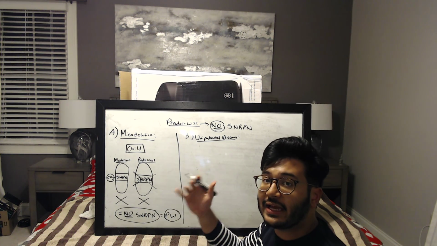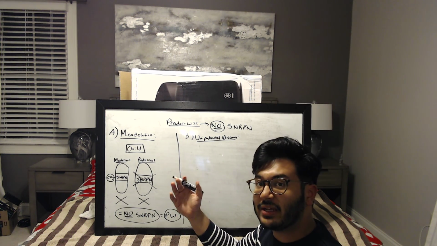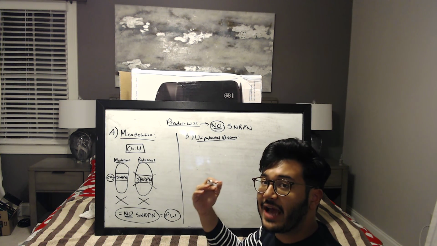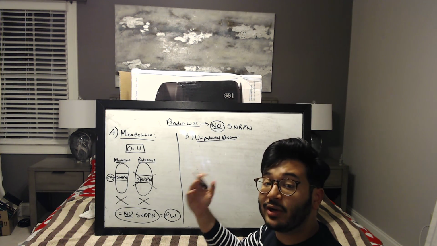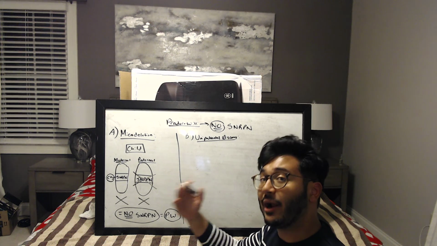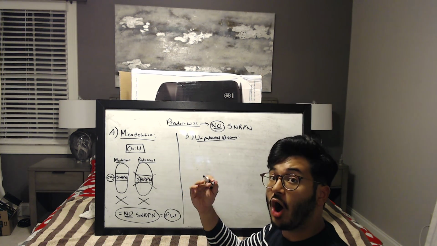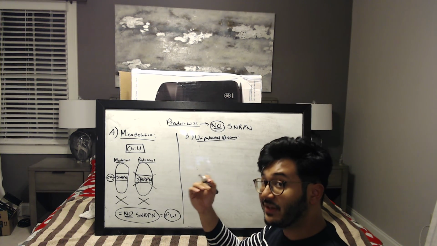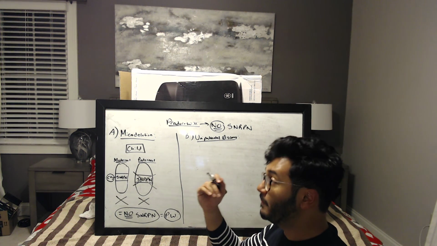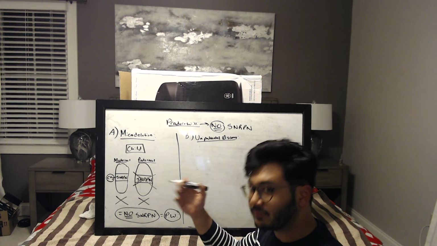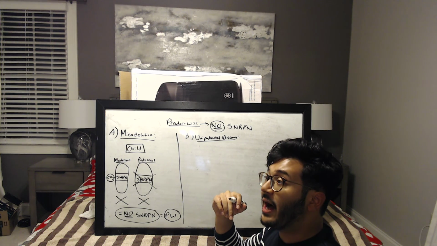But the way that they get the lack of functional SNRPN is through a different route. This time you are actually inheriting two copies from the same parent, and both copies are turned off. That means that they're both silenced. That means that they are both imprinted, right? So how can this happen?